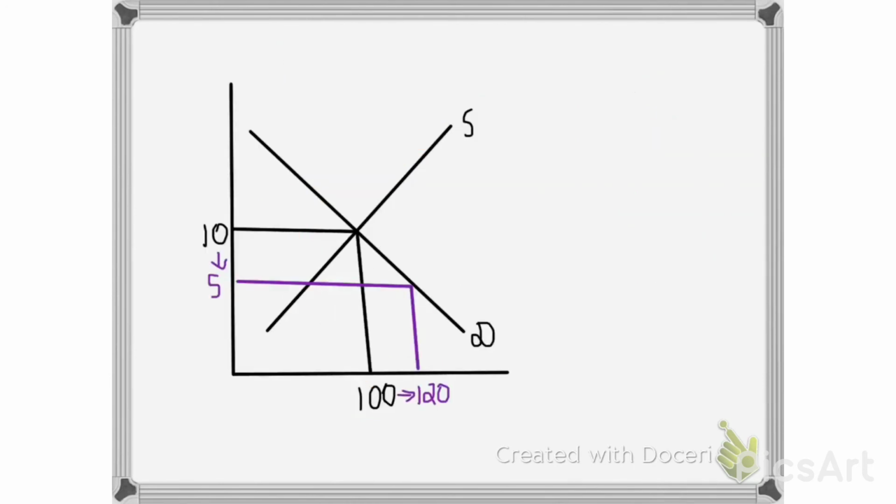Here, if you see, the price is initially at 10 and the quantity demanded is 100. And then there is a decrease in price, so it goes to 5 and then there is more demand, so the quantity reaches 120. When we draw a line, it goes to 120. Now if we go through this line and stop at the supply curve, at supply the quantity will be 90.